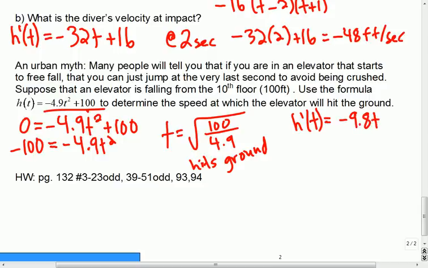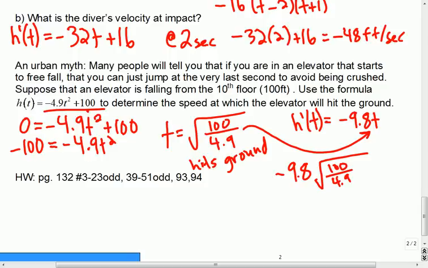And the time that I'm going to use is the one when it hits the ground. I could find it any way on the way to the ground, but that's the one I'm interested in. So negative 9.8 times the square root of 100 over 4.9. And of course you're going to need a calculator for that, unless you can do square roots in your head.